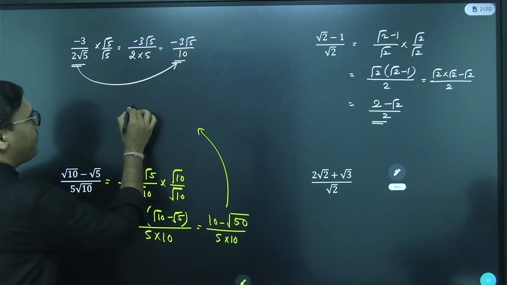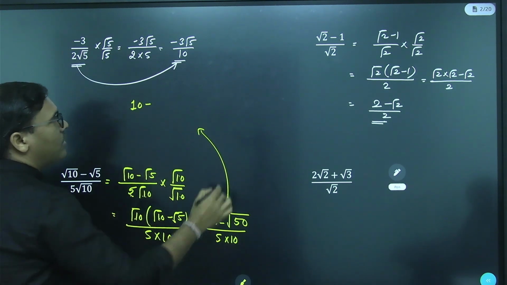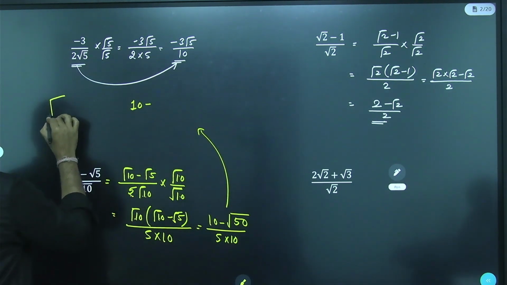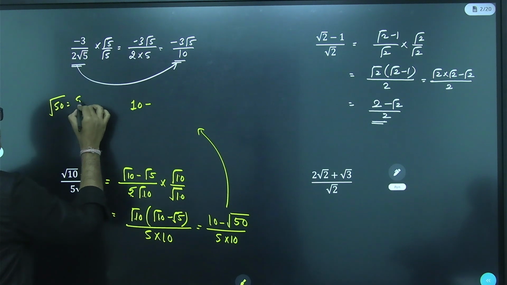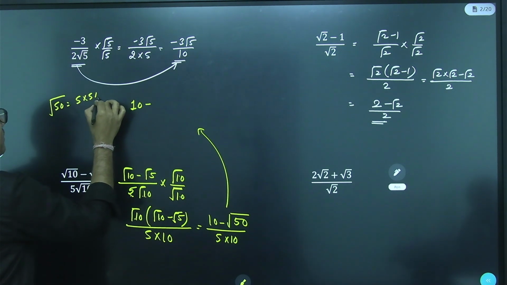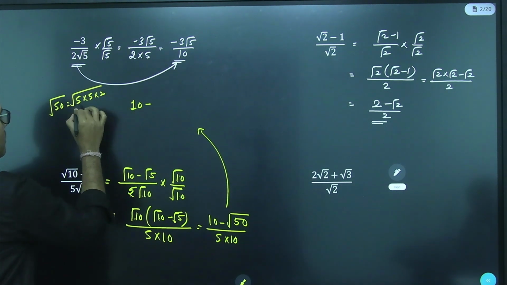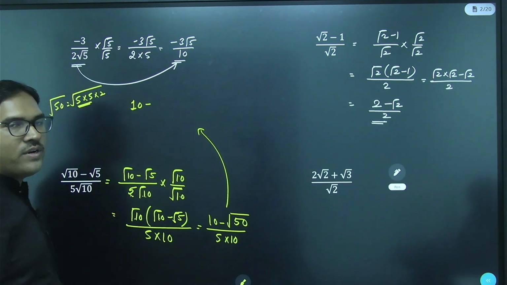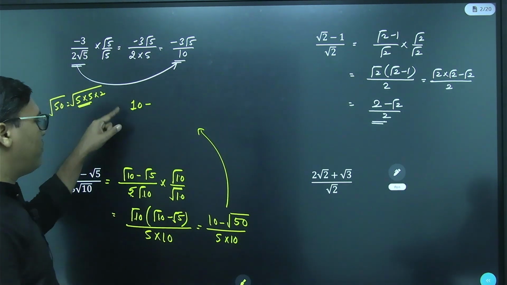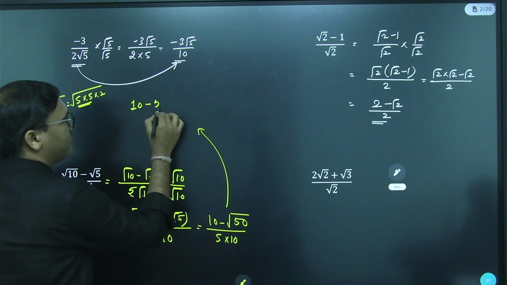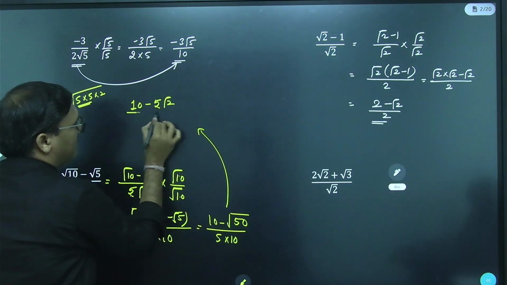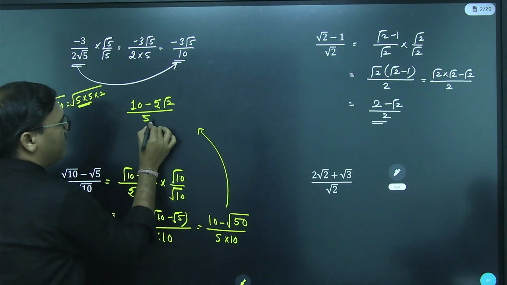Can I say this is 10 minus root 50? Just focus on root 50. Root 50 is root of 5 into 5 into 2. What is root 5 into root 5? This is 5. So this is 5 root 2. So basically this is 5 root 2 divided by 50.